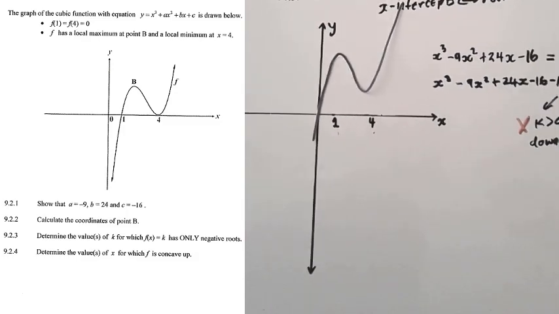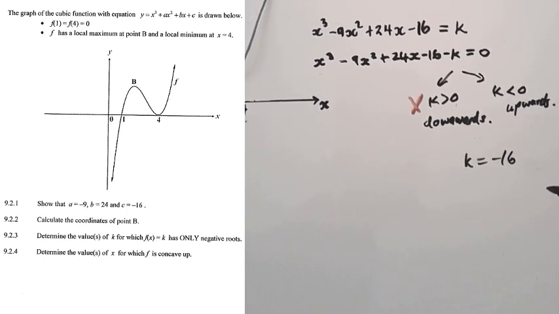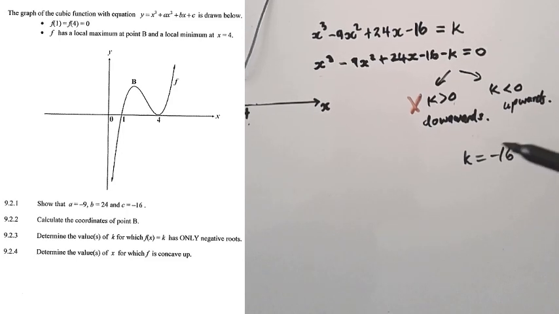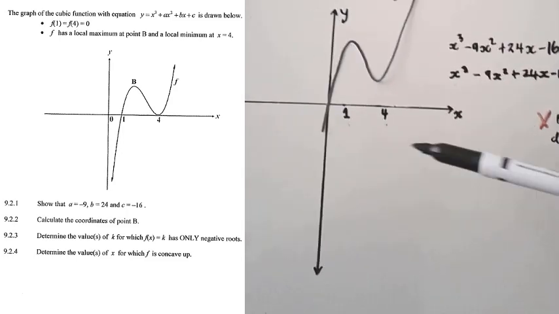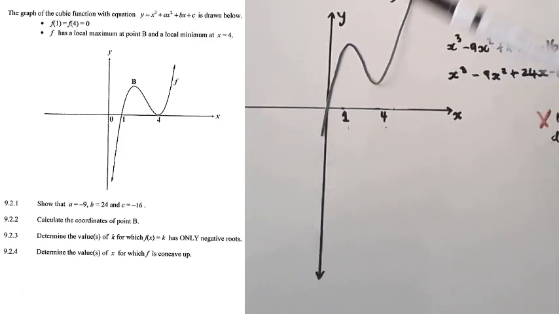So if you go back over here and put these two things together, notice that a k value of negative 16 gets you to a y-intercept of 0, but 0 is not a negative number.